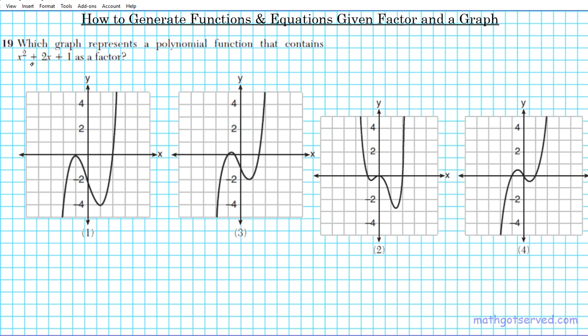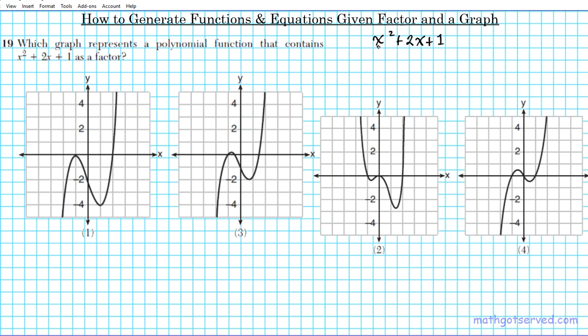Okay, so if this is a factor, then what should the related function look like? That's what we're trying to do here. So we have x squared plus 2x plus 1 as a factor, so we can easily use the factors to determine the roots or x-intercepts of the related quadratic function.